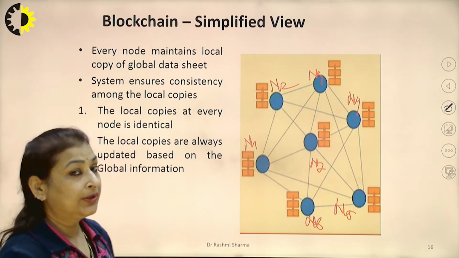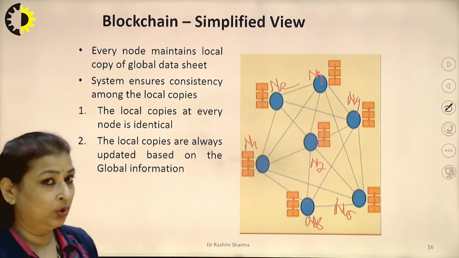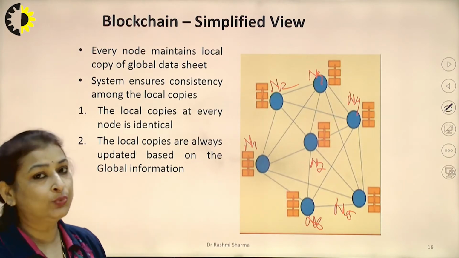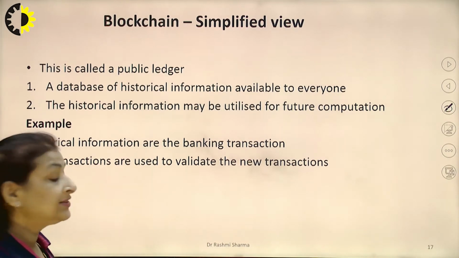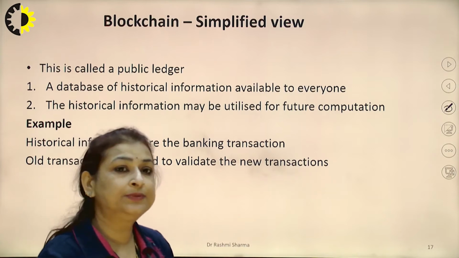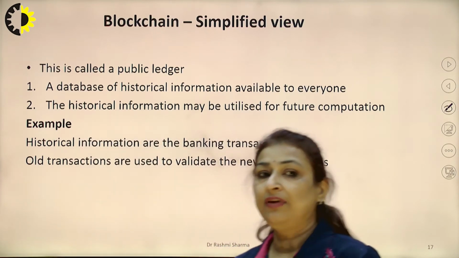So this is a simplified version: first the node makes a change in the local copy, and that local copy is synchronized with all the different local copies of the system. This is called the public ledger. The public ledger usually is a database which keeps the historical information which is available to everyone.